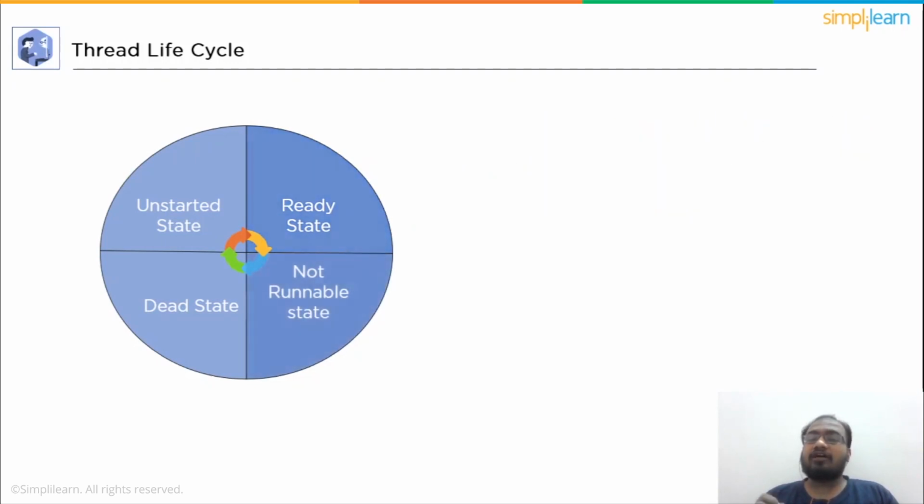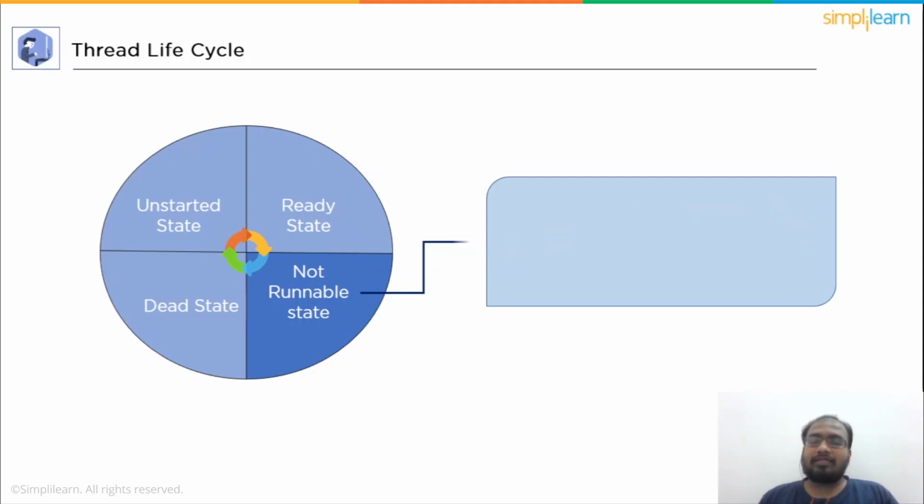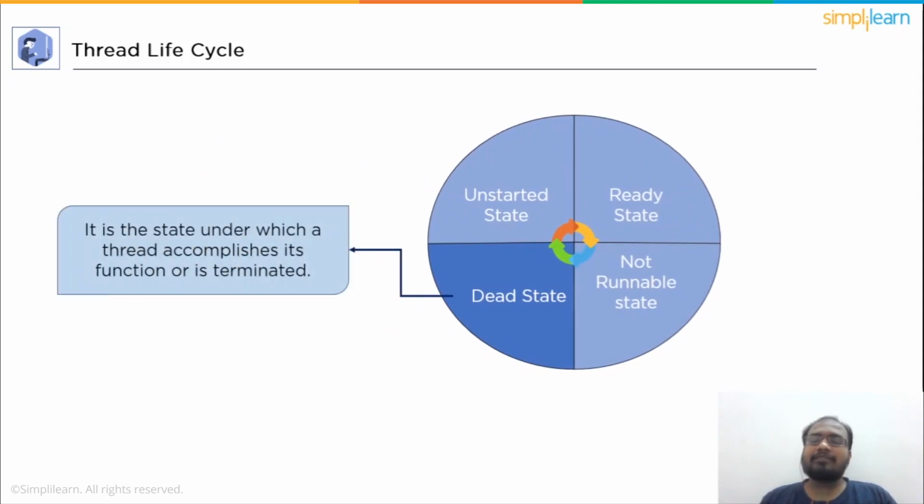Then we have the not runnable state, when a thread is not executable because either the sleep method has been invoked, or the wait method has been invoked, or the input activities are causing a bottleneck. Then, at last, we have the dead state. It is the state in which the thread's execution is either completed or aborted.